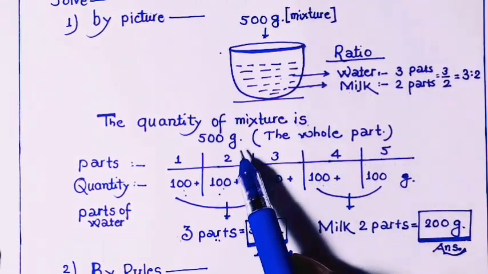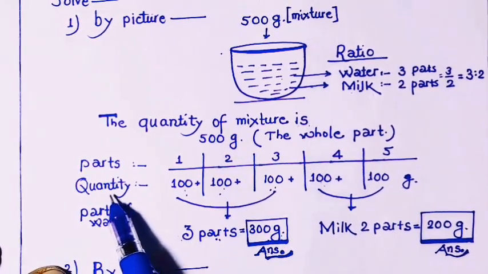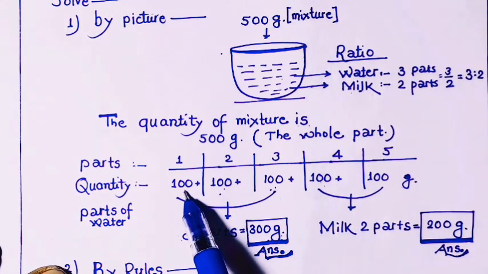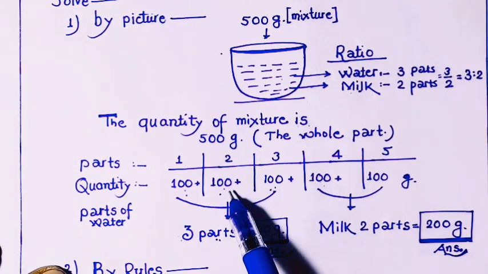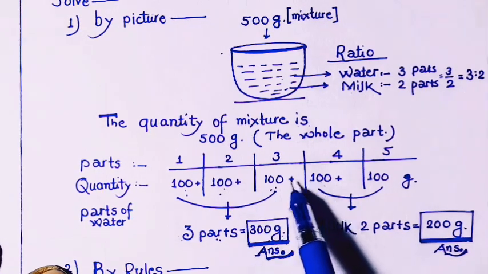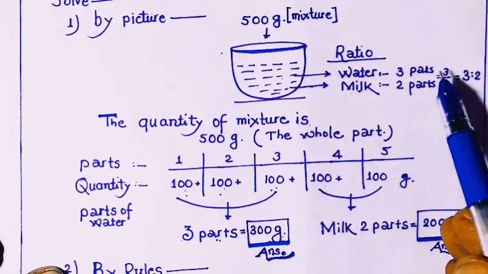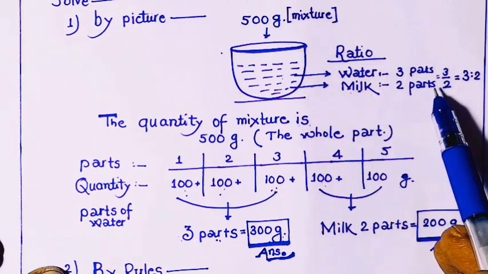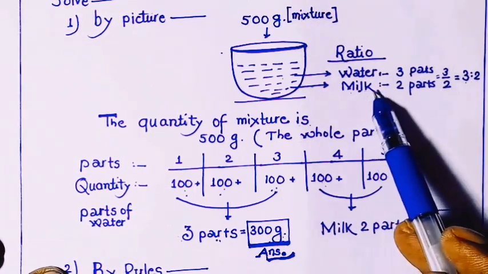If the 500 grams of mixture will be divided into 5 parts, then one part will have 100 grams. The second part also would have 100 grams, and in this way all the parts would be the same quantity. So here the ratio of water and milk is 3 to 2, it means 3 parts water and 2 parts milk.